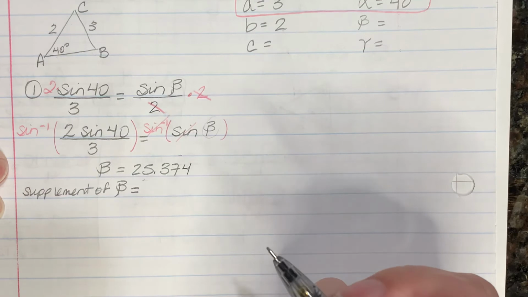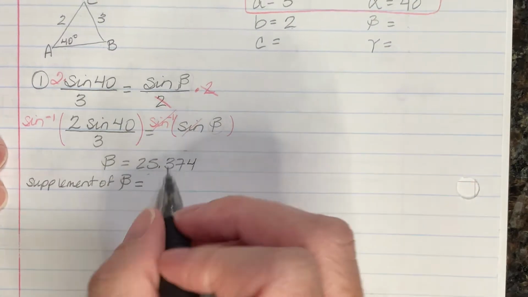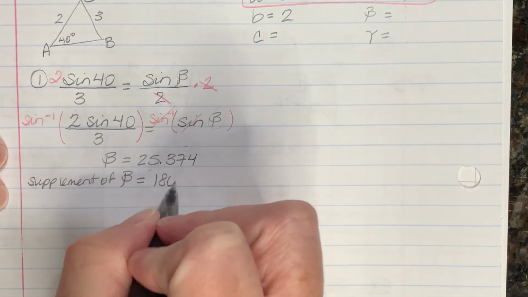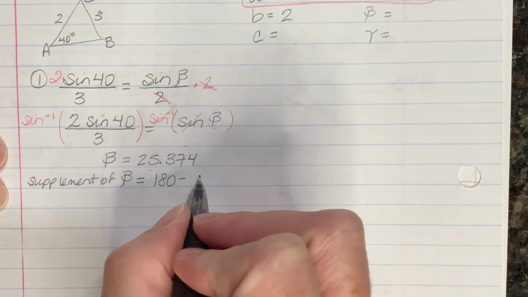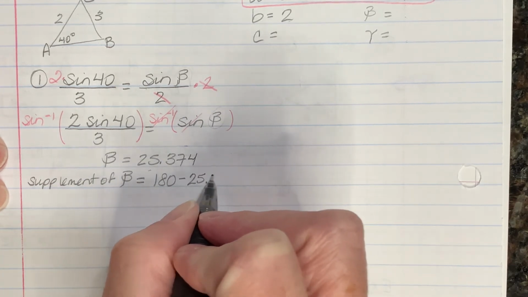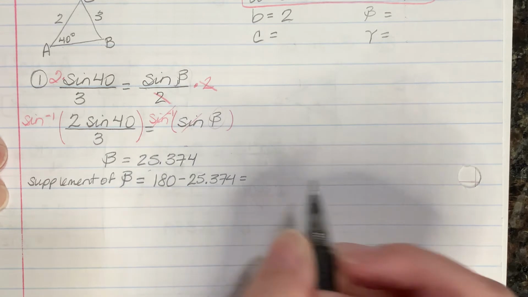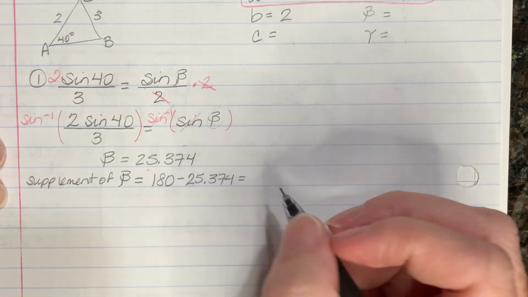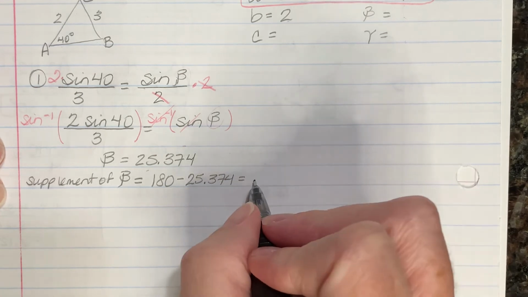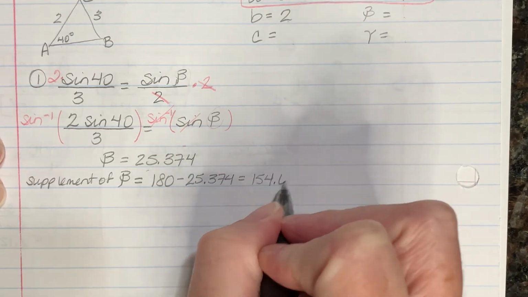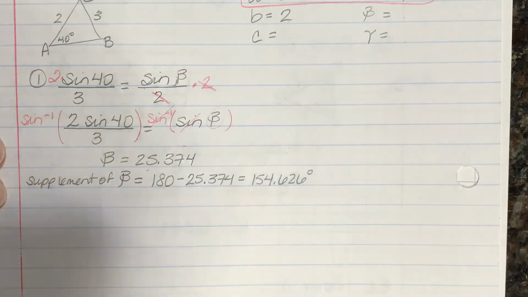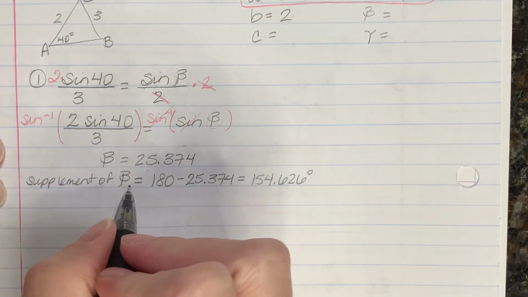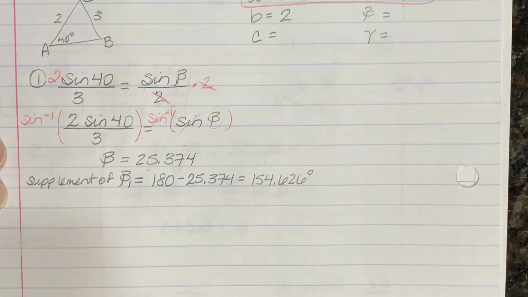And by supplement, I mean 180 degrees minus that, because a supplement is the two angles that add up to 180. So the supplement of B is 154.626. Okay, so we're going to call this B1.